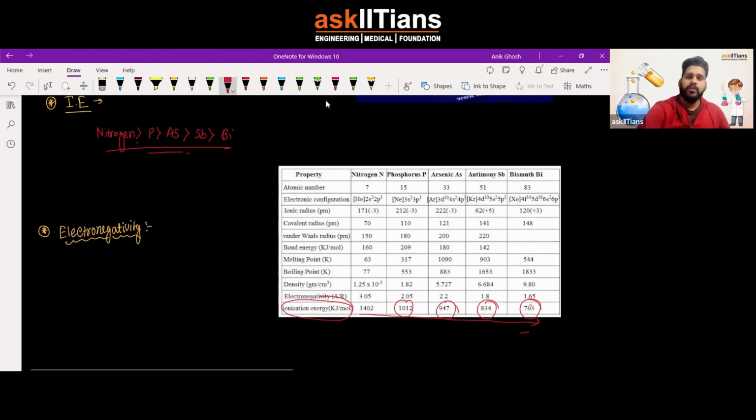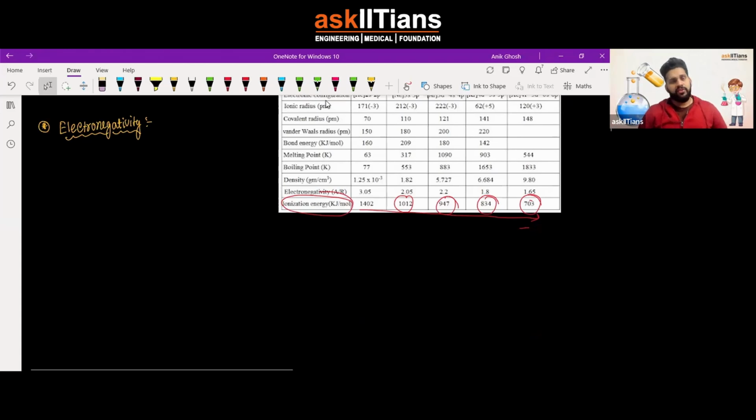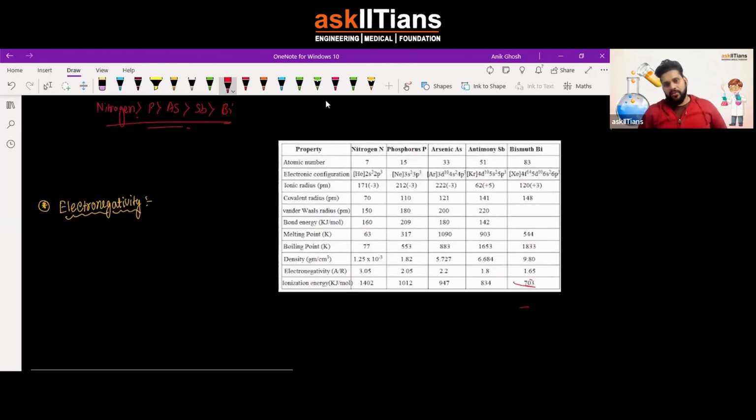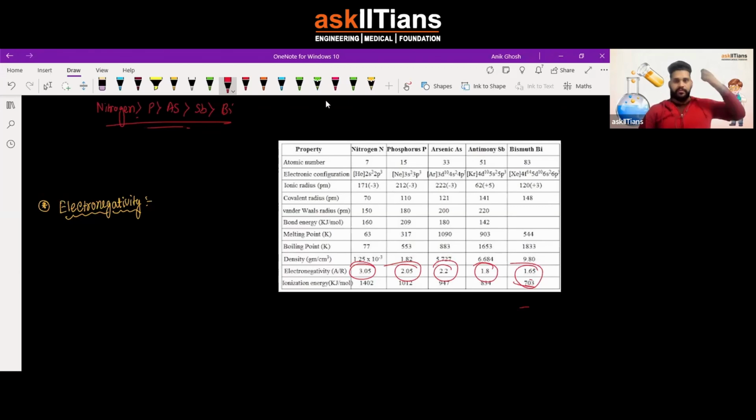Let's move on to the electronegativity. Electronegativity is the electron dragging tendency. It is the tendency to drag the electron towards themselves. That is called electronegativity. Now, if you notice the values, electronegativity values are 3.05, 2.05, 2.2, 1.8, 1.65. So these are the values of electronegativity.